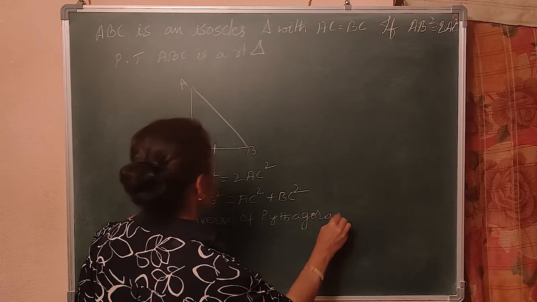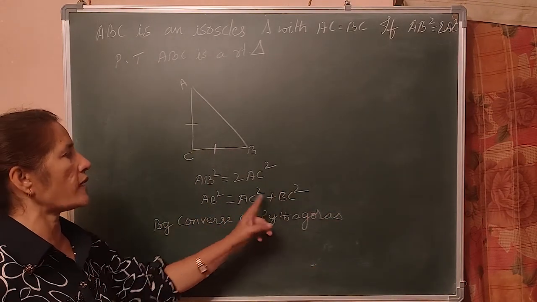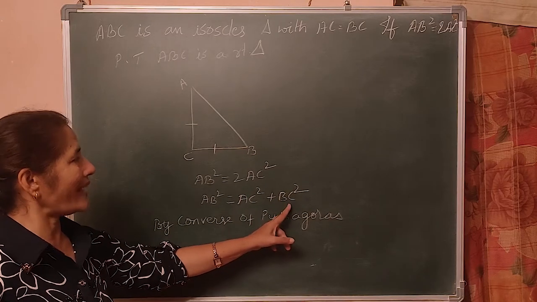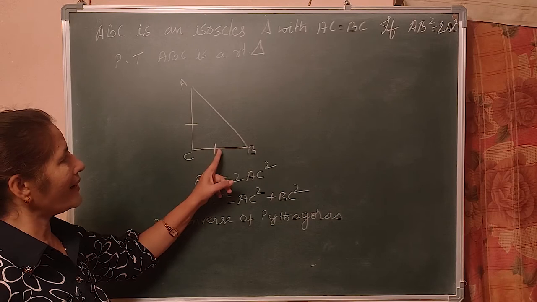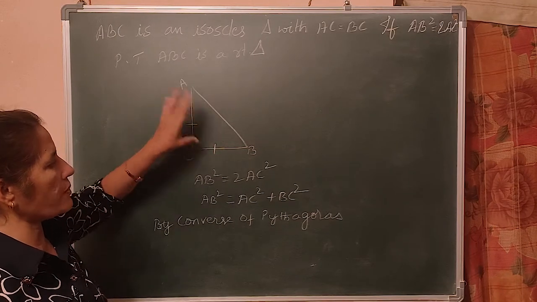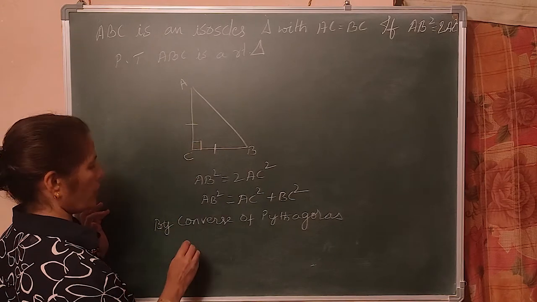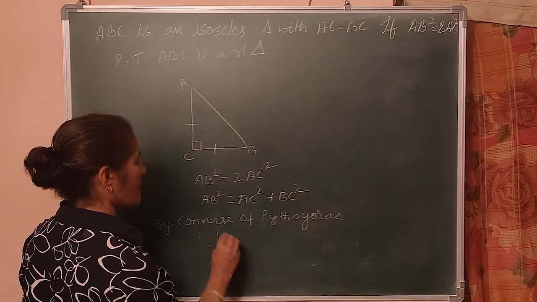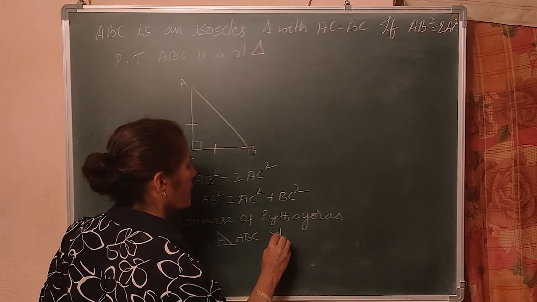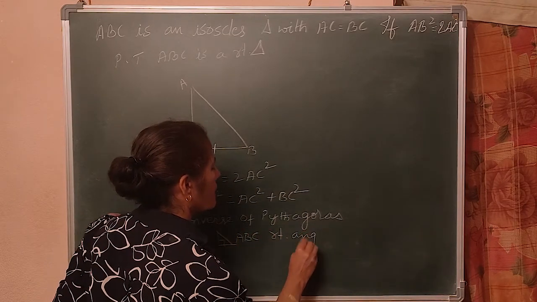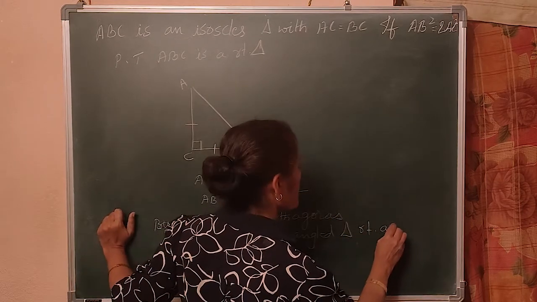If the square on the longest side is equal to the sum of the squares of the other two sides, then those two sides contain a right angle. AC and BC contain a right angle. So angle C is 90. So therefore, ABC is a right angle triangle right angled at C.